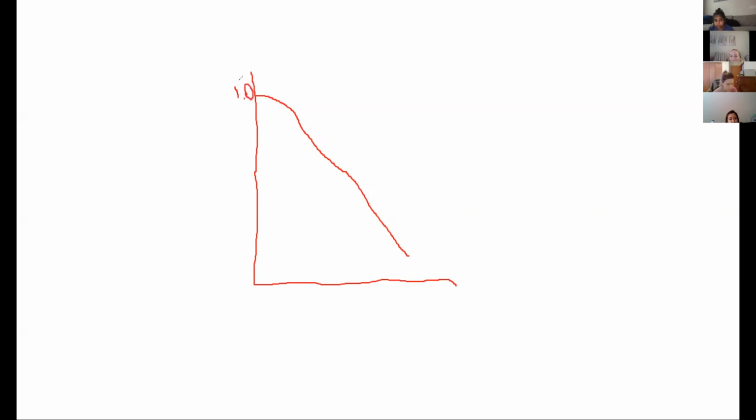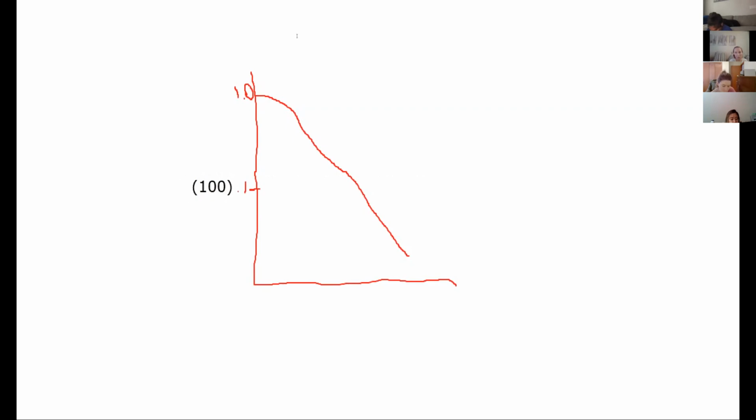That's where the curve starts. So then there's going to be 9, 8, 7, 6, 5, 4, and somewhere down here, there's going to be 0.1 or just another 1, but it would be 10%. We're going to designate that 10% as our 100%.